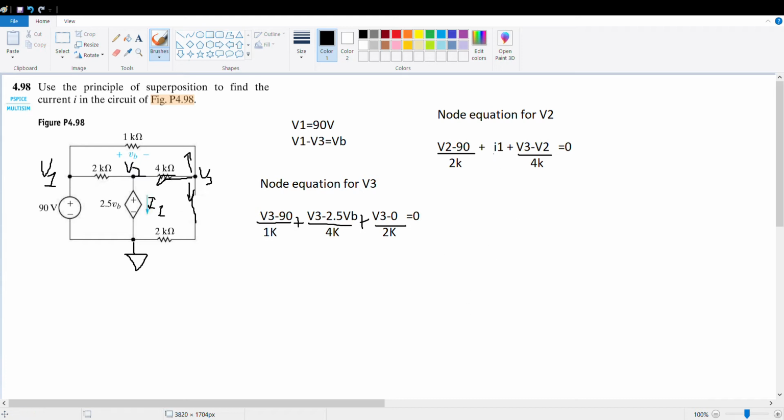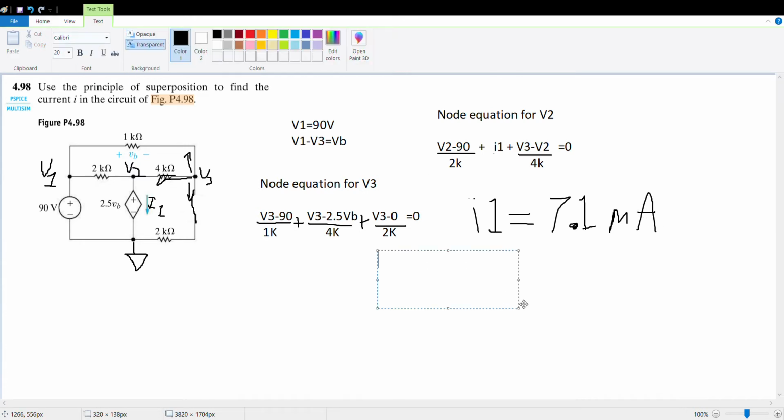Whatever method you prefer can be used to solve these. I prefer to use a calculator, and the output from the calculator shows that I1 is equal to 7.1 milliamps.